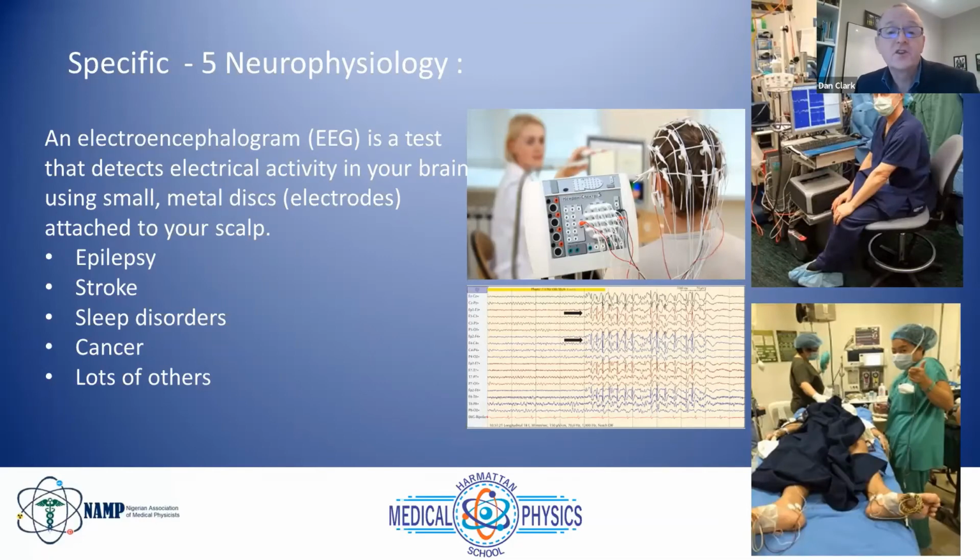But neurophysiology has another use. You'll be aware that the nervous system is essentially small electrical signals being passed around the body. And if your patient is having an operation, let's say a spinal operation, an operation on their back, the spinal cord has a whole host of these electrical signals passing down it. And it's very important that the surgeon doesn't damage the spinal cord during the operation. So the operation might be for some other aspect of the back, but we want to make sure that the surgeon doesn't accidentally damage the spinal cord.